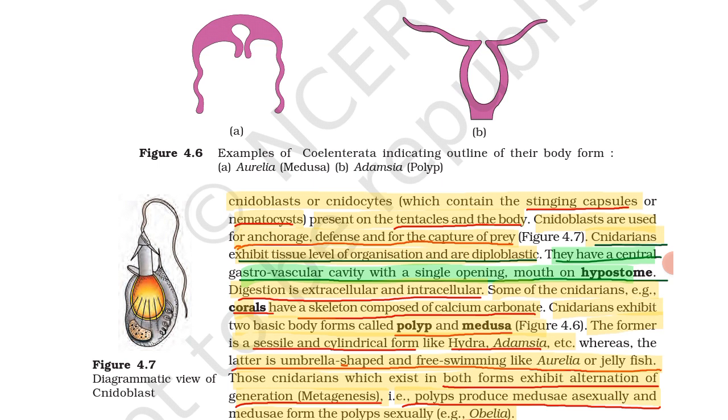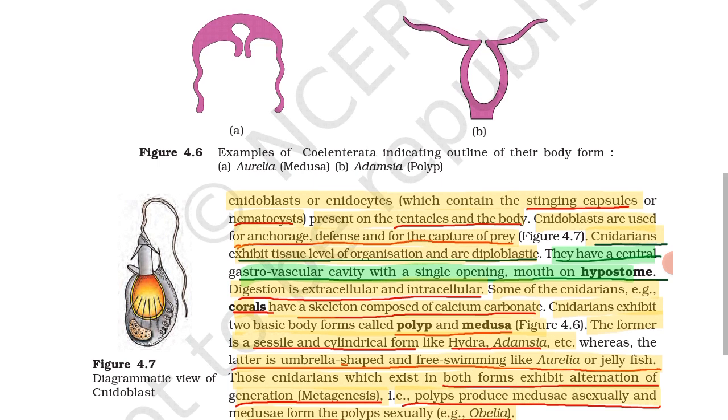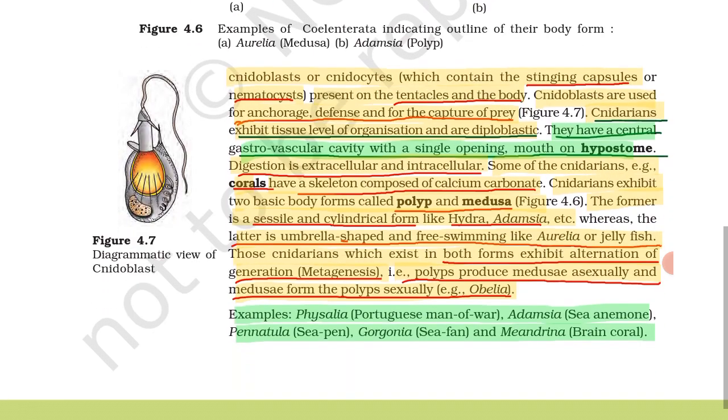They have central gastrovascular cavity with single opening, mouth on hypostome, and their digestion is intracellular and extracellular. Some of the cnidarians, for example corals, their skeleton is composed of calcium carbonate. Then next is they have two body forms, polyps and medusa, the former is sessile cylindrical like hydra and adamsia, whereas umbrella shaped and free swimming like aurelia and jellyfish.